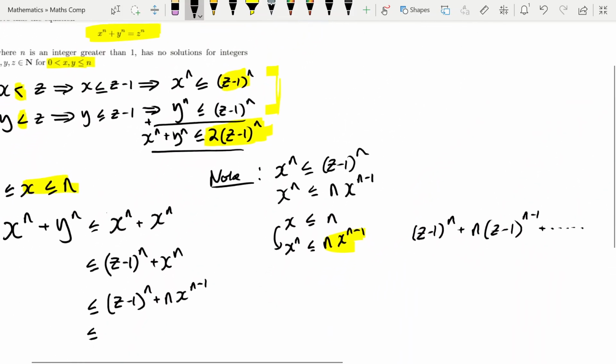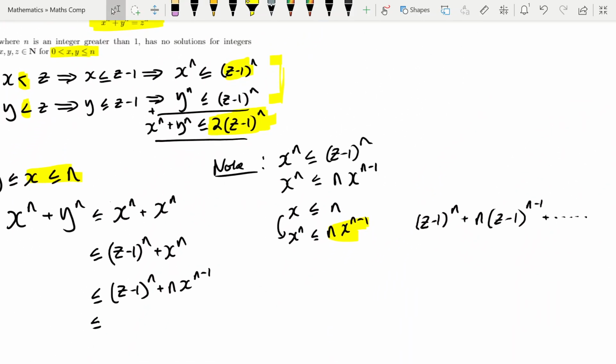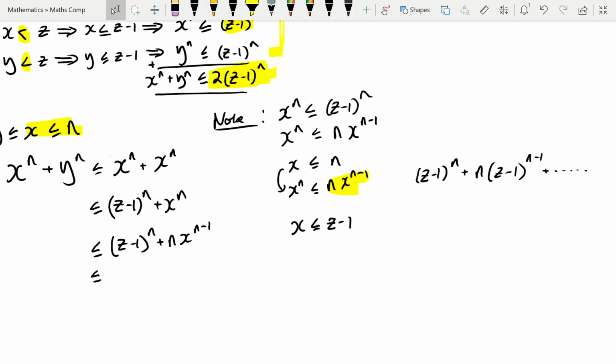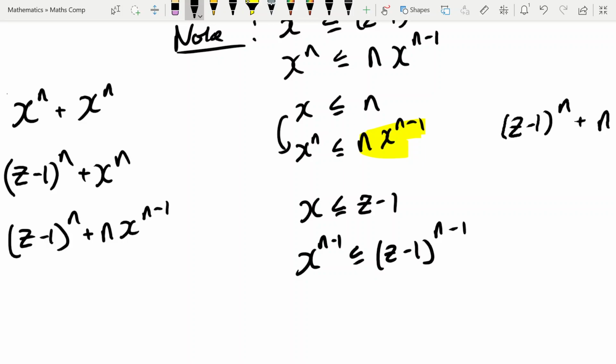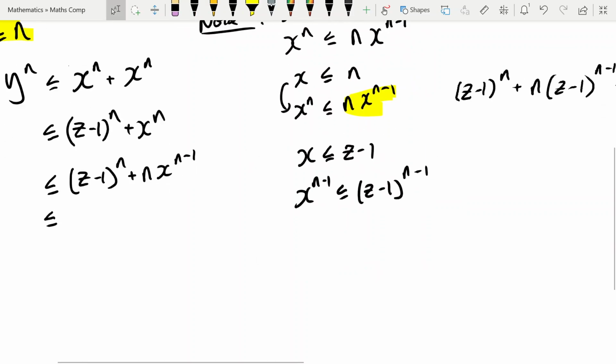If we think back and we look at this, we know that x is greater than z minus 1. So if we raise both of these to the n minus 1 power, we get the following. And multiplying both sides out by n, we get the following.